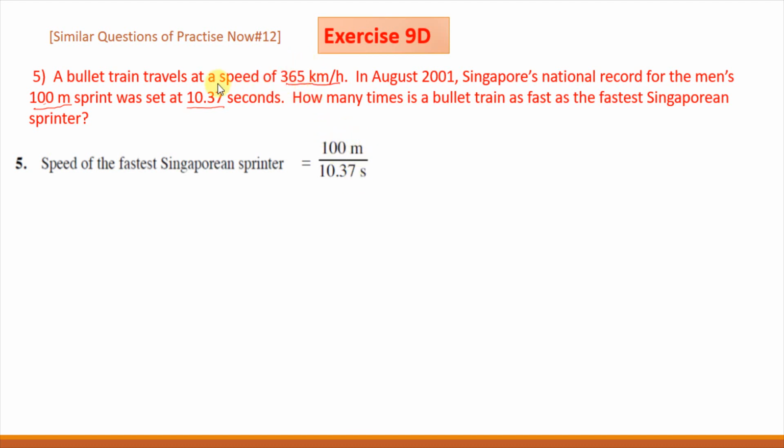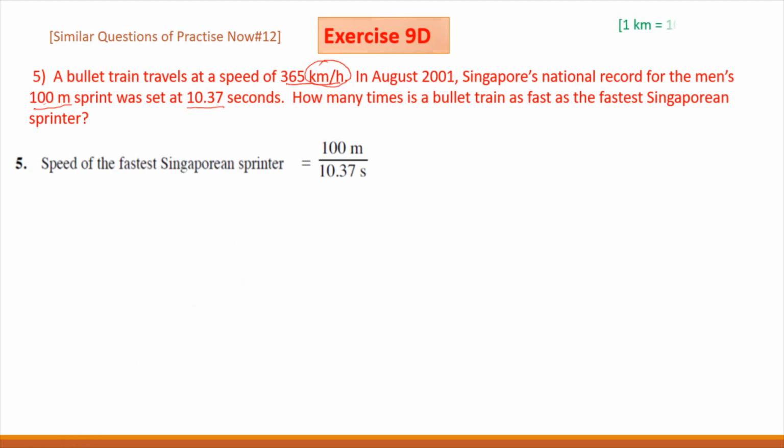Now as you can see, the speed of the train given in the question is in kilometers per hour. So we have to equate the units. We have to make the units the same. So we have to convert the meters into kilometers and we have to convert the seconds into hours.